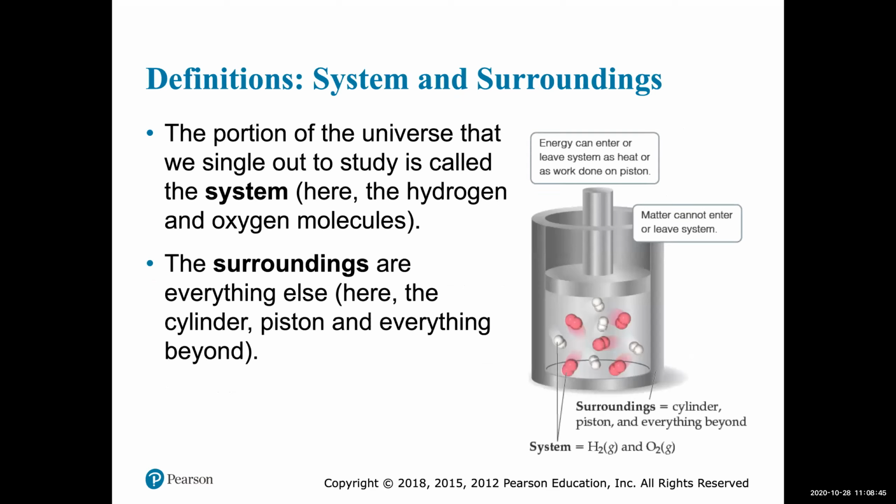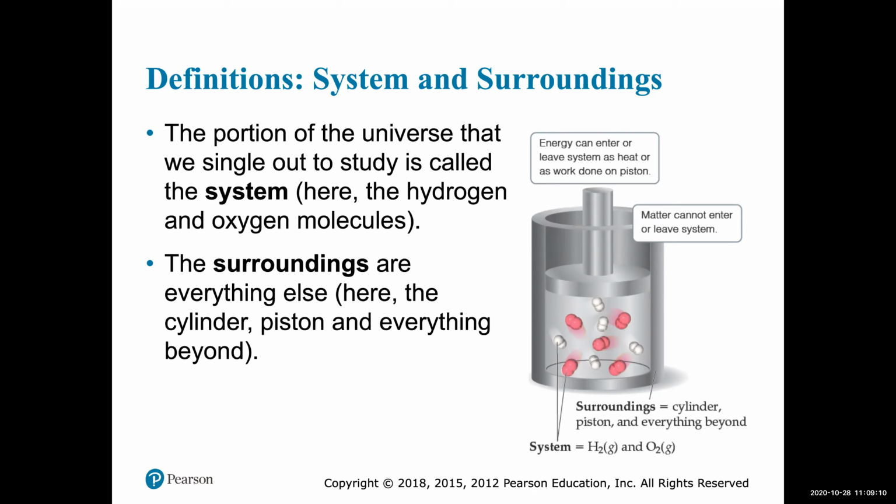A couple of terms that we defined were system and surroundings. When we talk about this type of energy flow, the system is that part of the universe that we're actually studying, where the reaction is taking place, where the action is taking place. The surroundings are everything else.